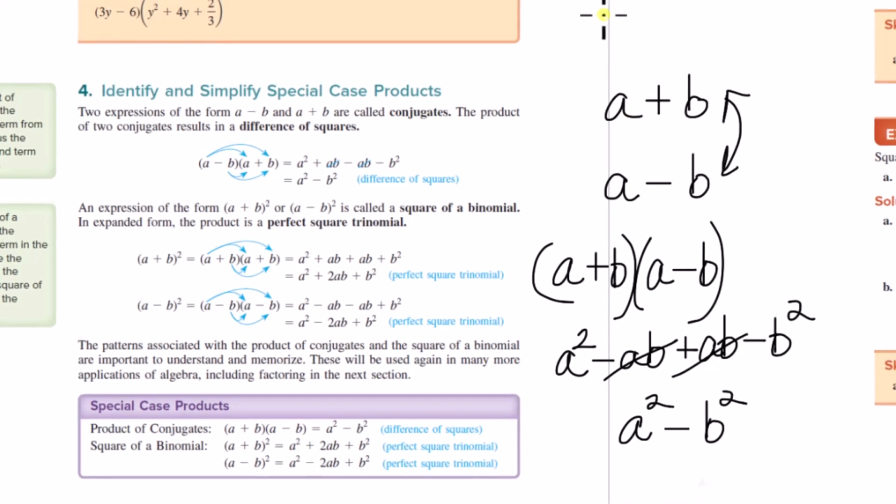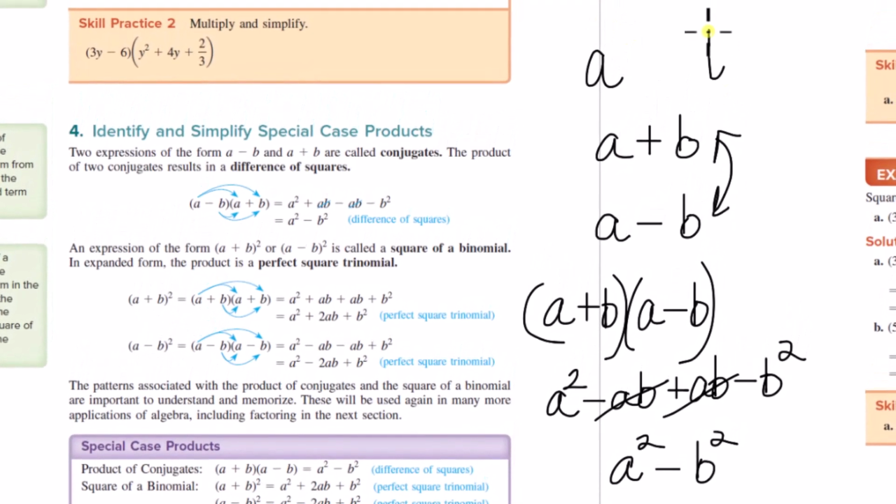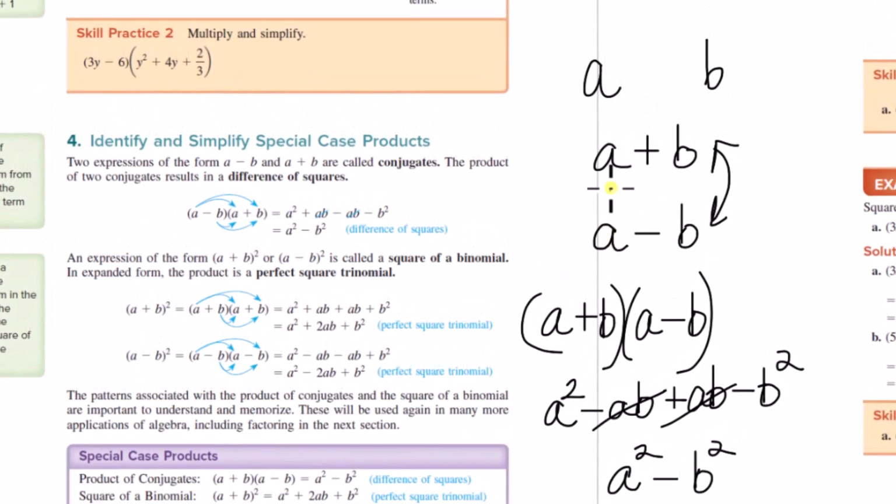So if we're multiplying the conjugate of a plus b times a minus b, we can just square a and square b and then take the difference. They call this the difference of squares. When you multiply conjugates, you get this difference of squares.